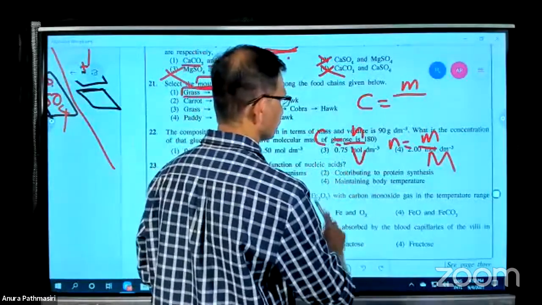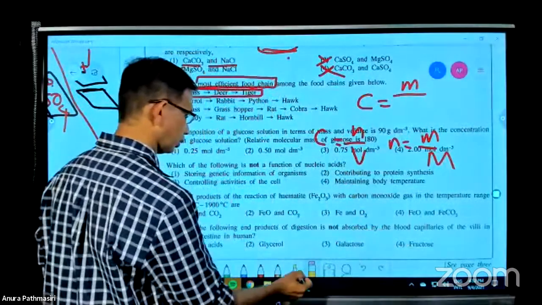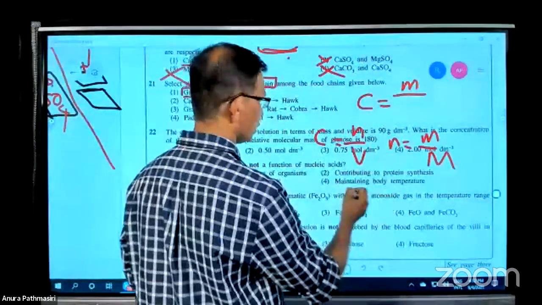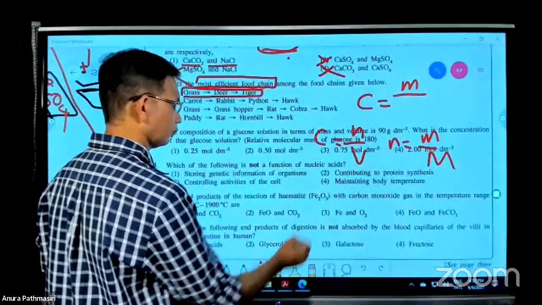Right, C equals then? What is C equal to?